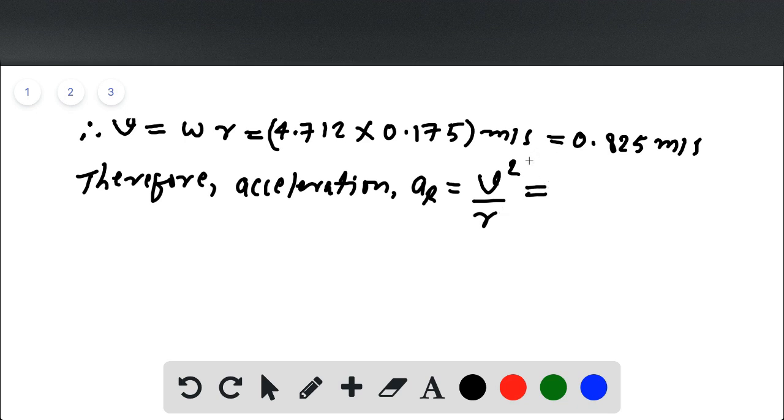Plug in the value for the velocity that you got from here, which is 0.825, and the value for the radius, 0.175. The square of the velocity divided by the radius should give you 3.9 meters per second squared. So this is our final acceleration.